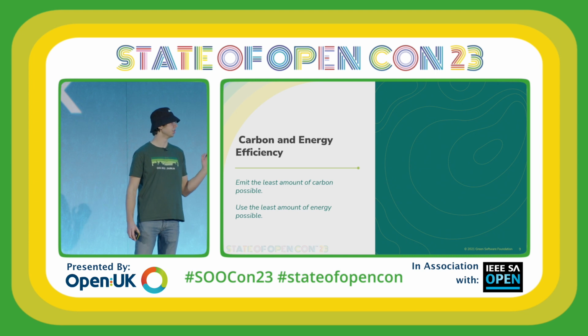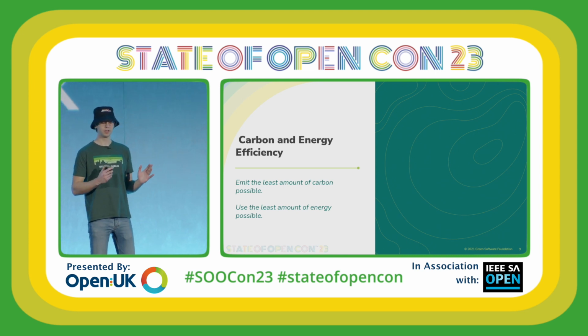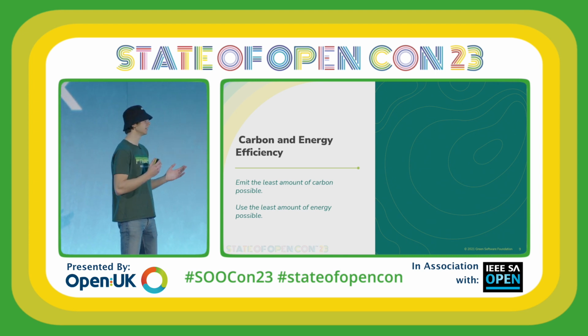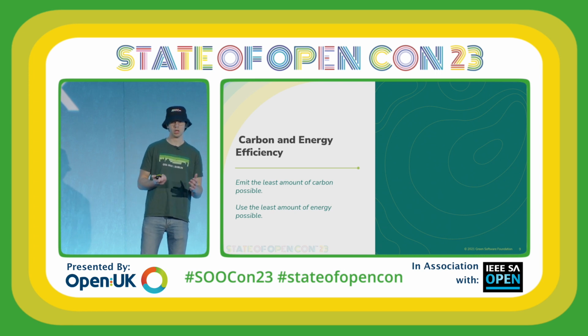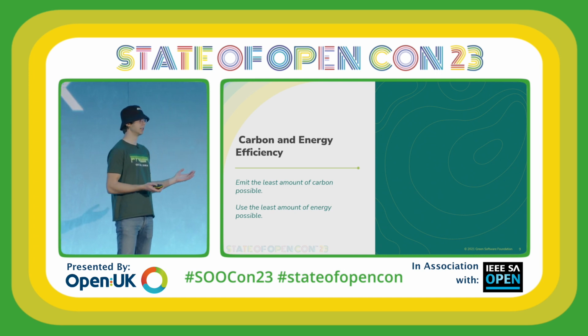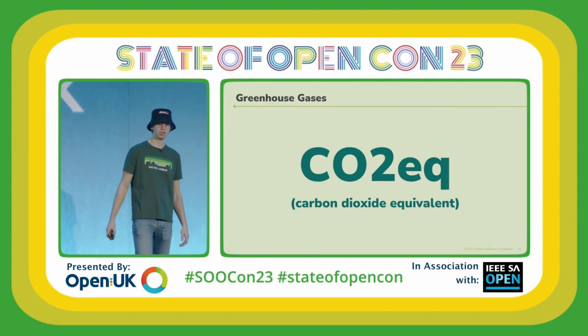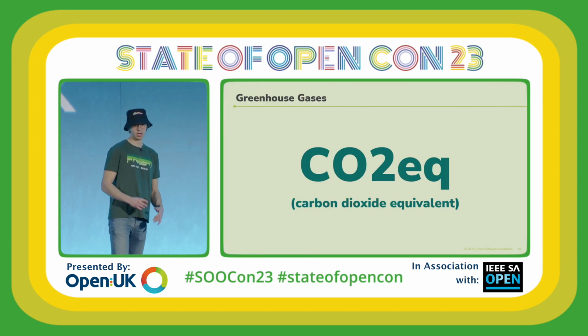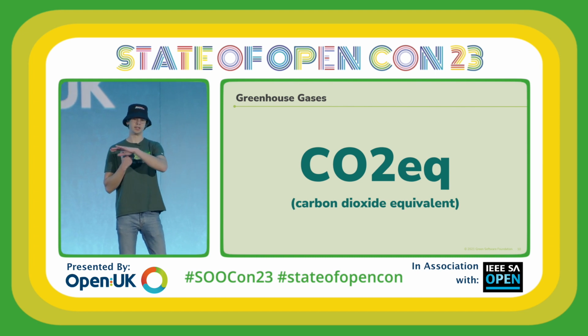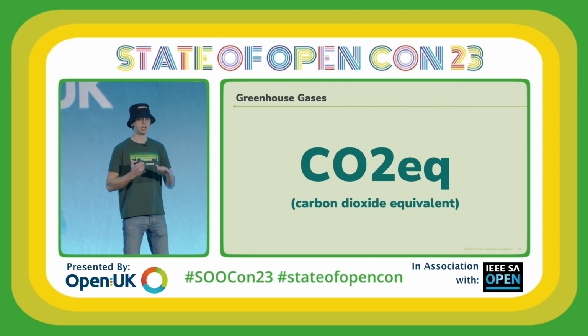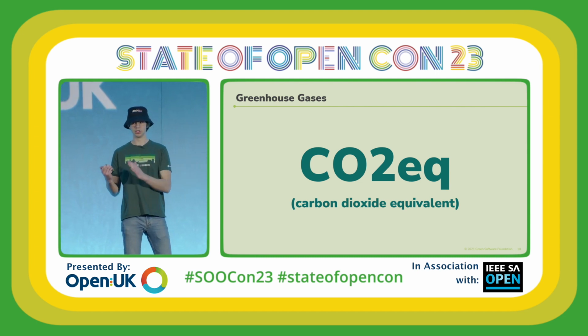So carbon and energy efficiency. Carbon efficiency is about emitting the least amount of carbon possible. Why is that important to us? Beforehand, we mentioned the greenhouse gas protocol, which is about the emissions and impact of greenhouse gases in general, not just carbon dioxide.